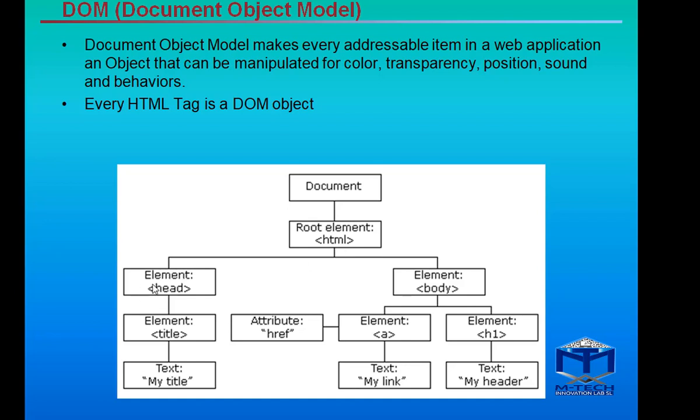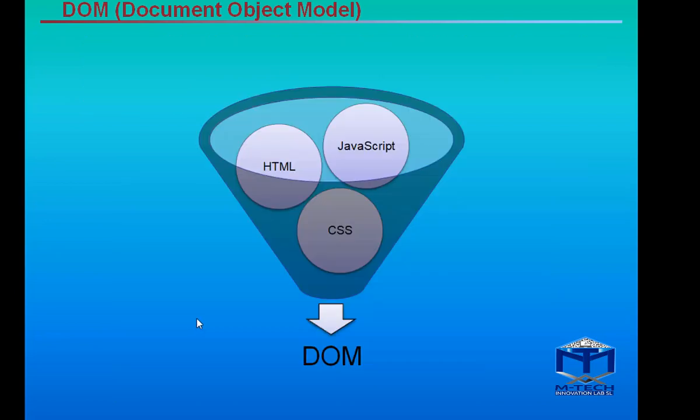We have the elements, like the head and the body. These are all elements, also the tags. Then attributes, for example the style, the font, the height. These are all tags. This is a sample of elements, or also tags. As you can see, the DOM, CSS, HTML, and JavaScript are all made up of one thing.